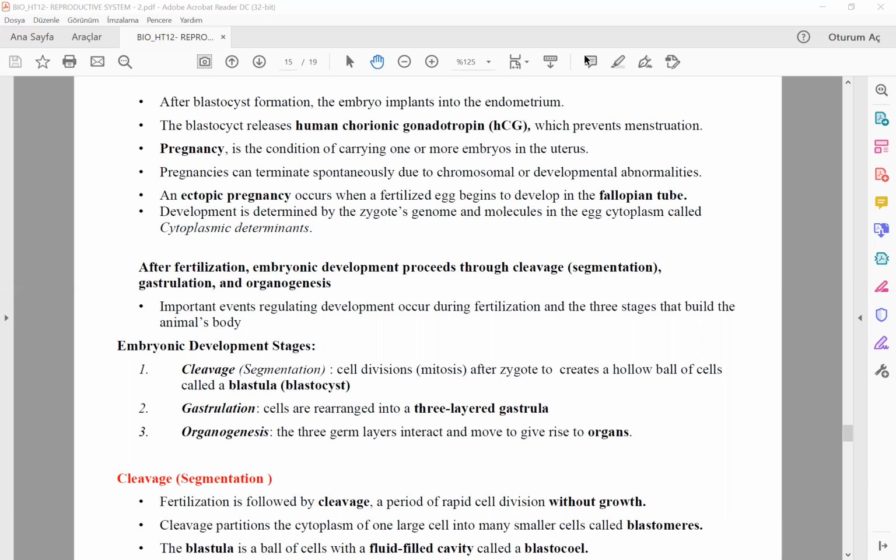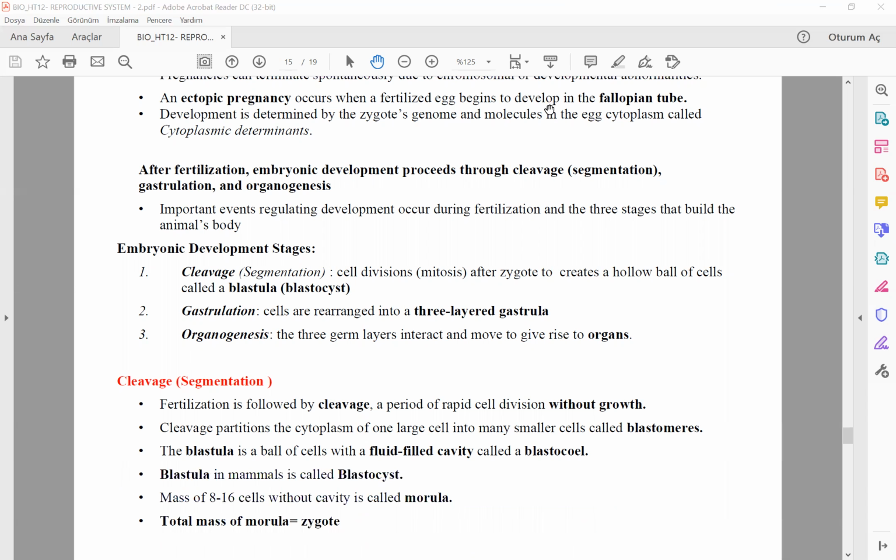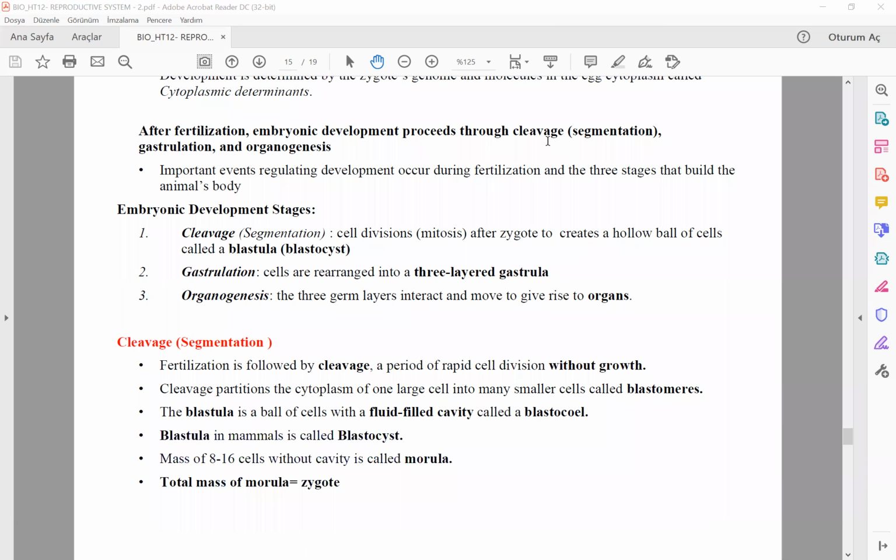Okay, after fertilization, embryologic development proceeds through cleavage, or we can call this period segmentation. Actually, segmentation is the first week of the embryologic stage. After the segmentation, the blastocyst turns into a blastula, or in mammals the blastocyst turns into a gastrula.